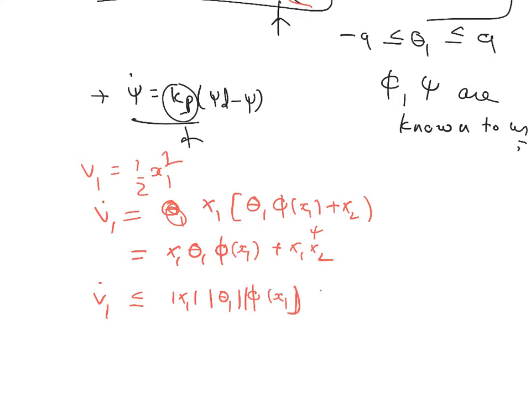Just take the norms and we can keep this as it is, because now I want to choose x2 such that this whole thing goes negative definite, right?